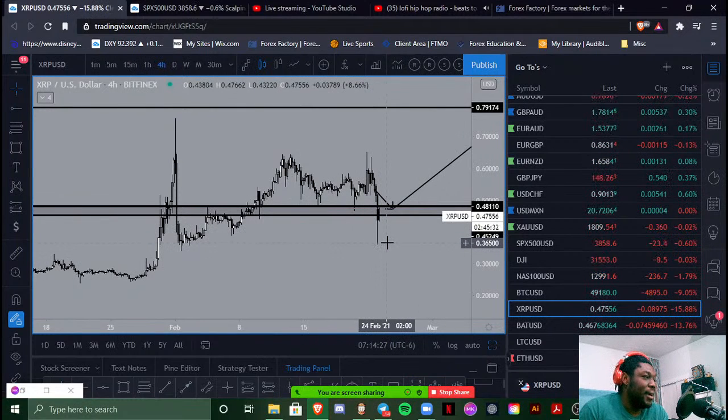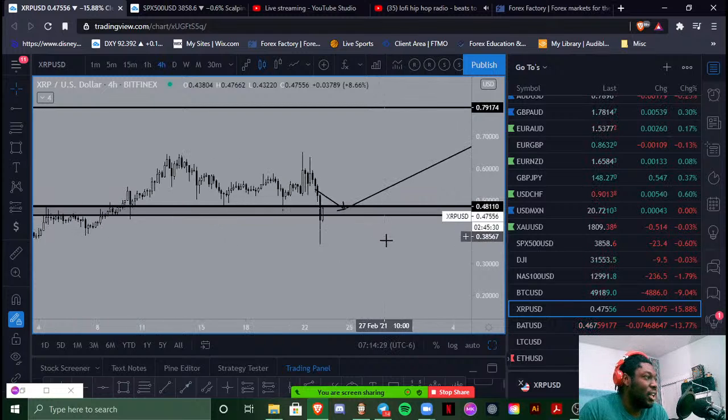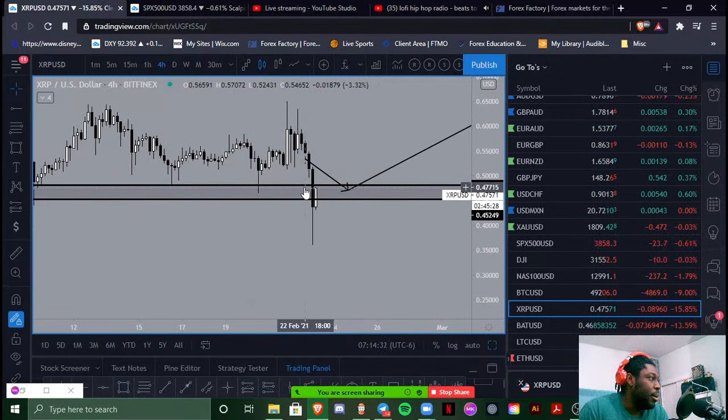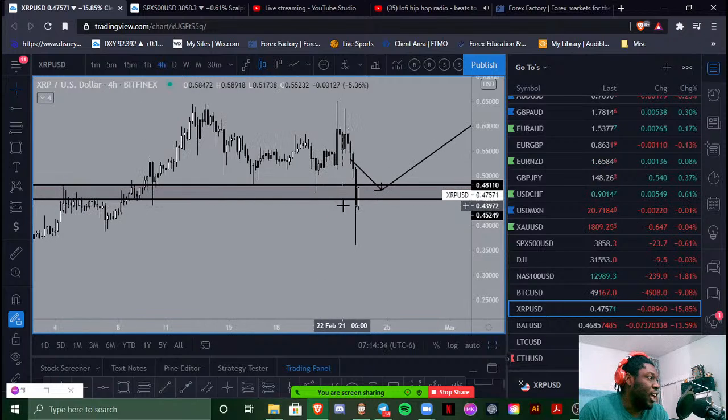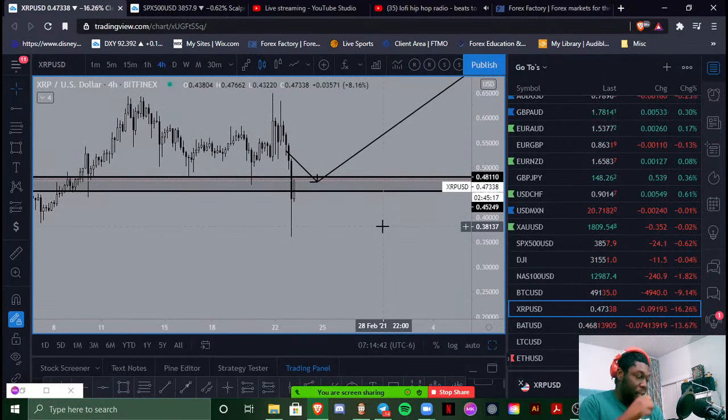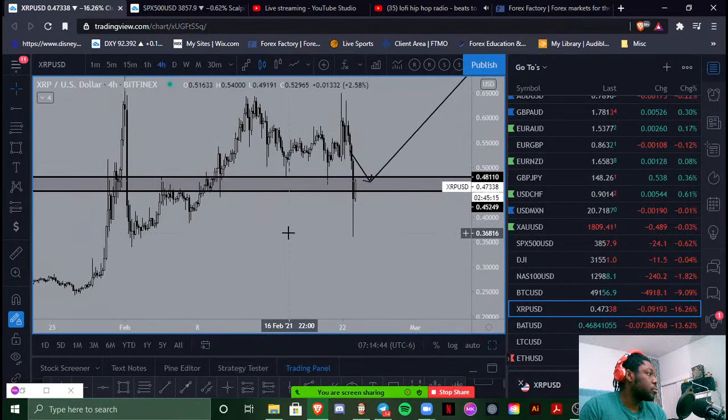But with me seeing that it came down here and it literally held under here. It closed under this candle on the 4 hour, this support that's now resistance. I kind of think this wick might get filled out, and the price might come back down to like 36 cents, maybe even 35 cents, and then push to the upside again.